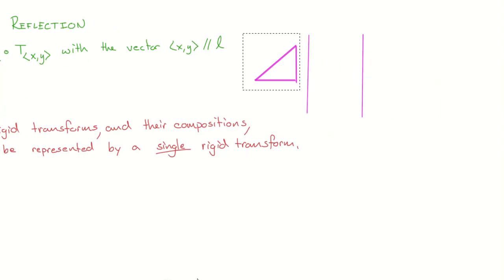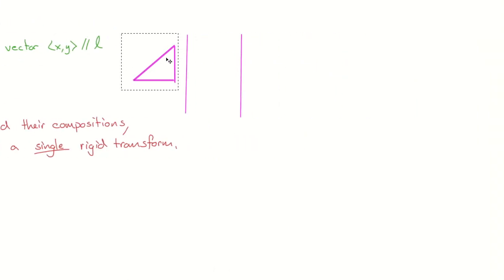This is an old theorem from this chapter still, but if I have 2 reflections over these lines that are parallel, it ultimately just looks like a translation. We can see that a single translation does the same thing as 2 reflections together, which is exactly what our theorem says.